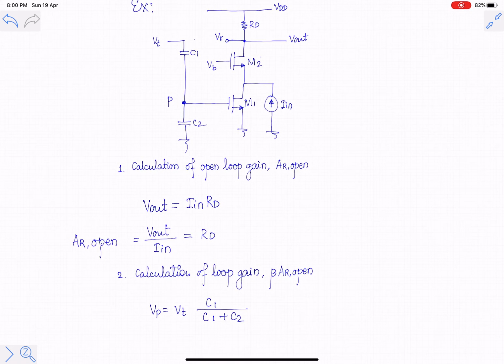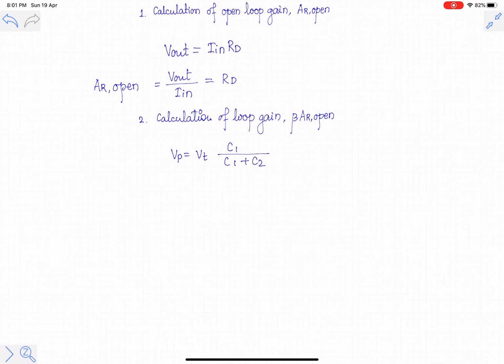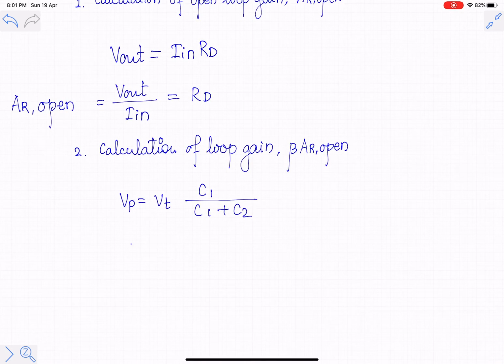Once this voltage Vp is known, the current flowing through M1 in this direction will be given by GM1 into Vp. So I will call this current I1. So I1 is equal to GM1 into Vp, which is equal to GM1 into C1 upon C1 plus C2 into Vt.